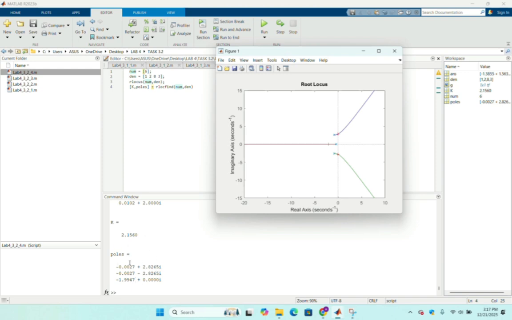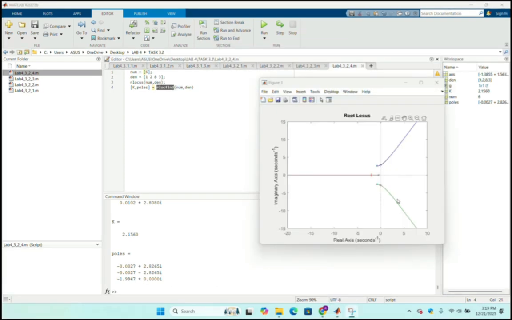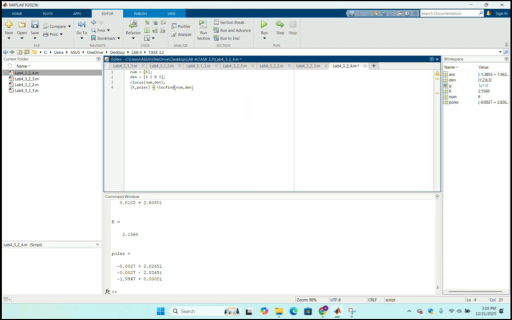I have 3 poles: negative 0.0027 plus 2.8265i, the same with a minus sign, and the third is negative 1.9947 plus 0.0000i.